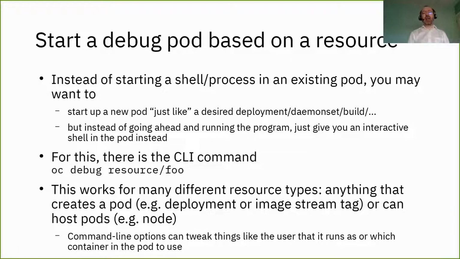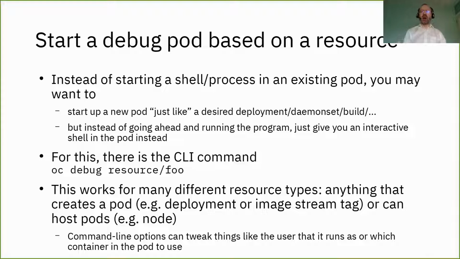So that was if you're connecting to an existing pod. Quite often what you might want to do is you have a deployment or a build or a daemon set or stateful set, or all these ways of deploying things in the cluster. And if everything goes ahead and starts up, something goes wrong, and what you want to do is just get in there and try it out and see what's going on.